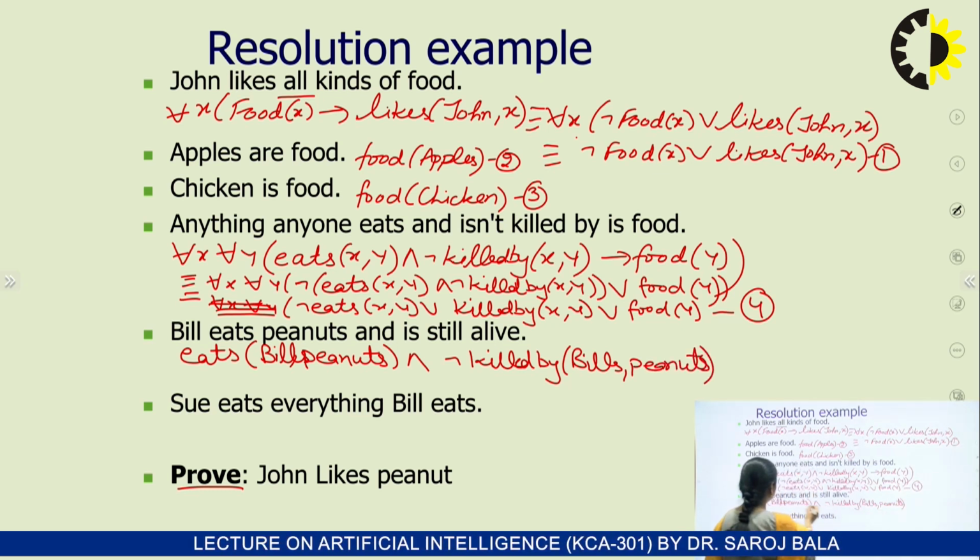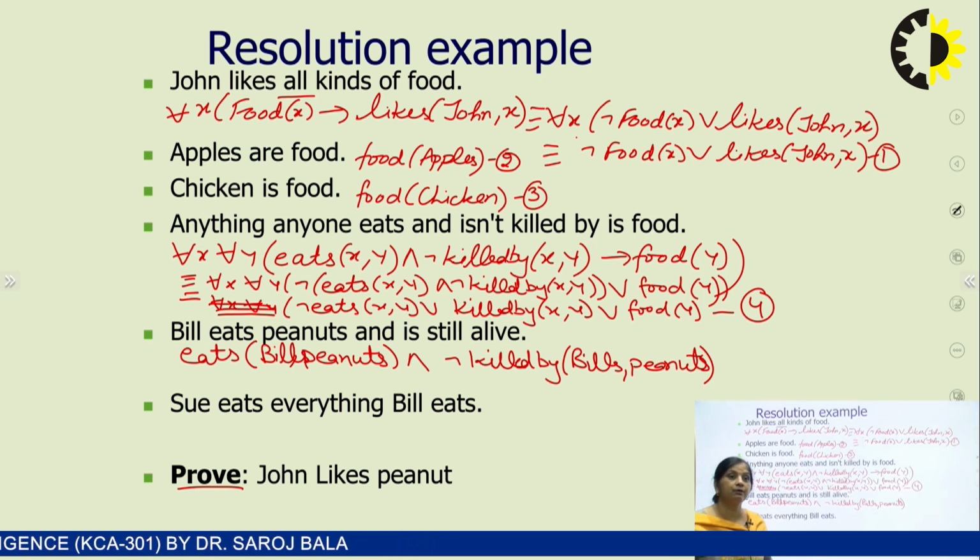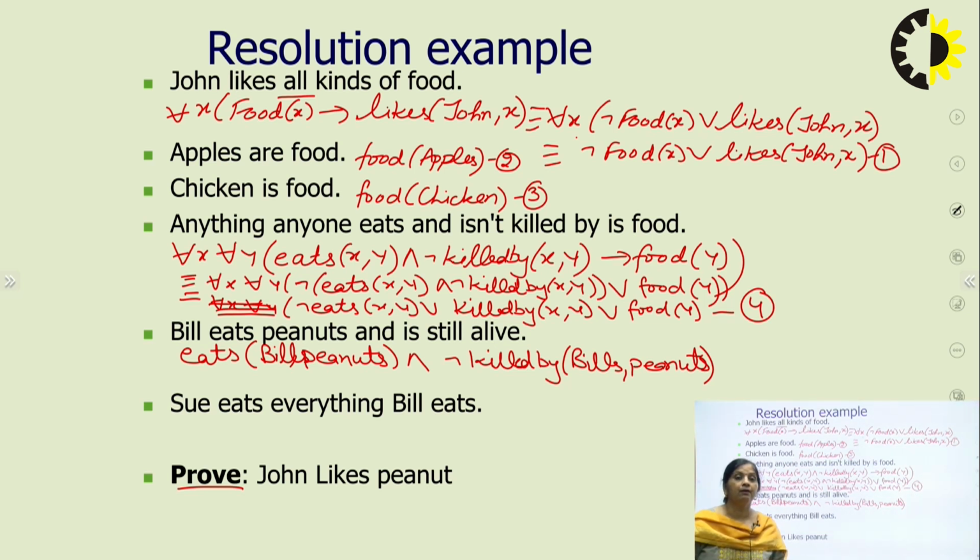Now if we see this particular proposition, there is no implication, so no need to remove implication, no quantifiers, so no change of quantifiers and no skolemization. Directly we will go to the steps for conjunction. We are having a conjunction here.